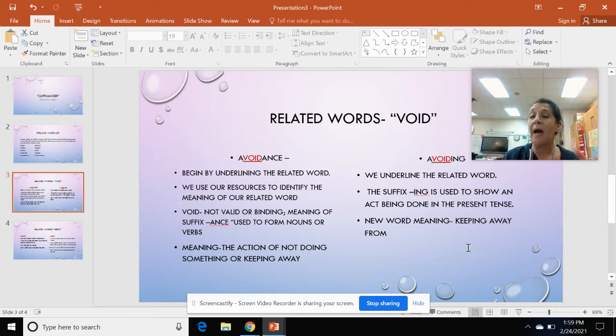So when we add ing and we connect and we get the word avoiding, we know that our new word meaning is keeping away from. So if you're avoiding studying for a test, then you're keeping away from studying, you're keeping away from learning, you're keeping away from getting prepared. All right, very good. So proud of you.